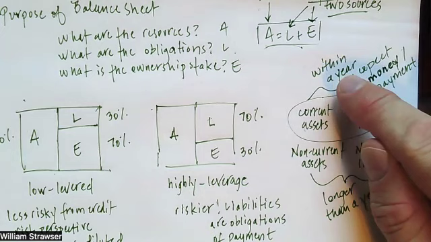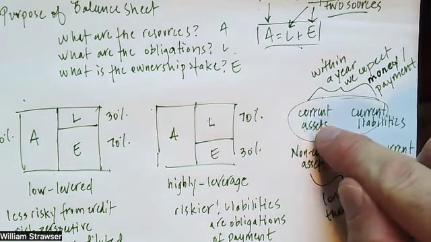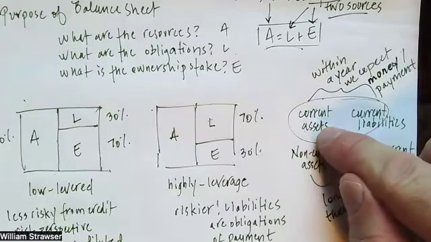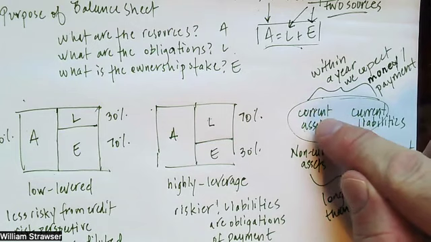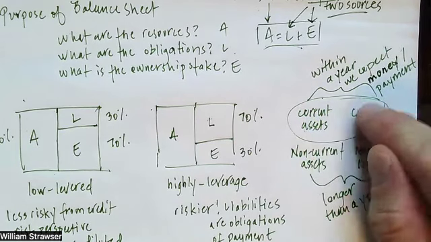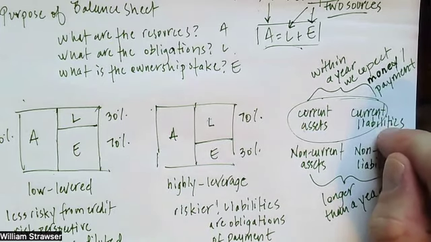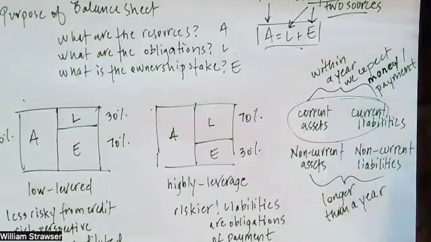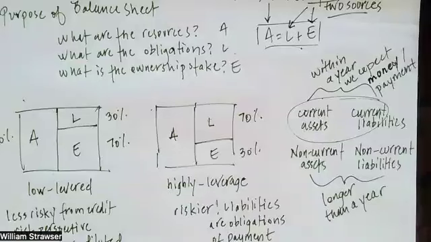So if I have an operating cycle that's 2 years, then all my current assets are those assets I am going to convert into cash or use up within the 2 year operating cycle. Same with the liabilities. Those are all the liabilities I have to pay off within the 2 year operating cycle. So when the operating cycle is longer than a year, that becomes our designation of current versus non-current assets.